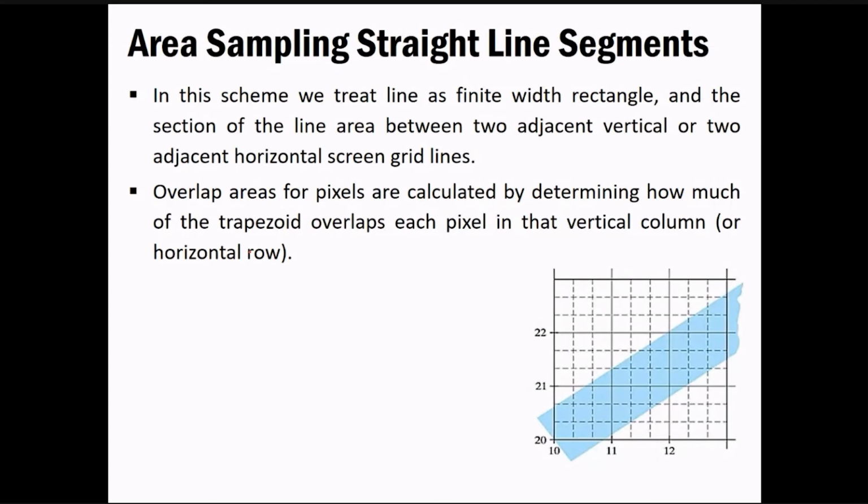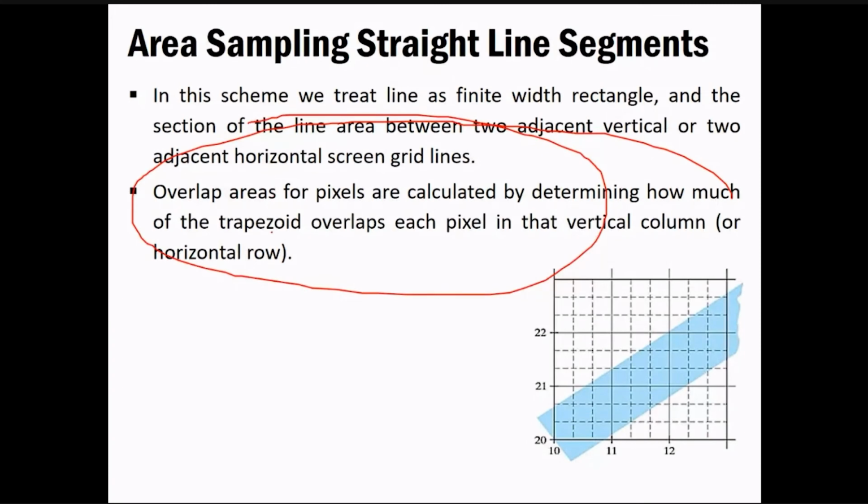And the section of line area is taken between two adjacent vertical or two adjacent horizontal screen grid lines. Now we'll see this case also. Overlap areas for pixels are calculated by determining how much of the trapezoid overlaps each pixel in that vertical column or horizontal row.